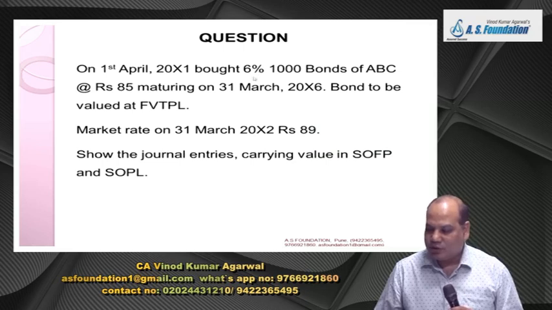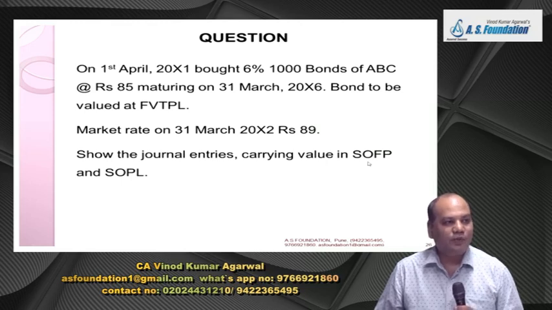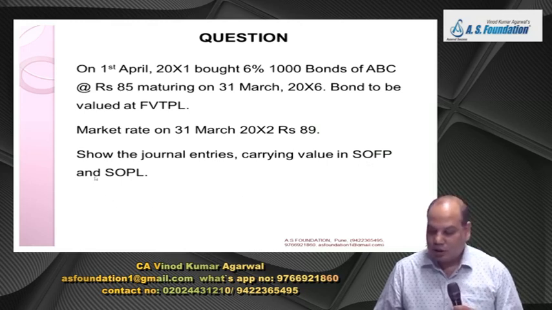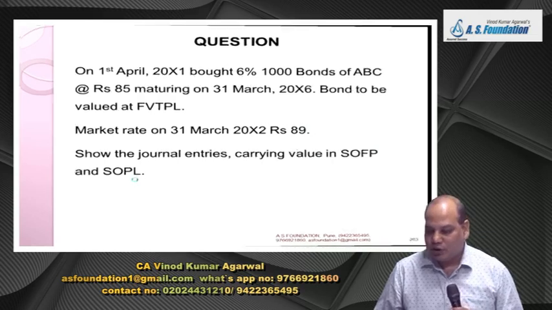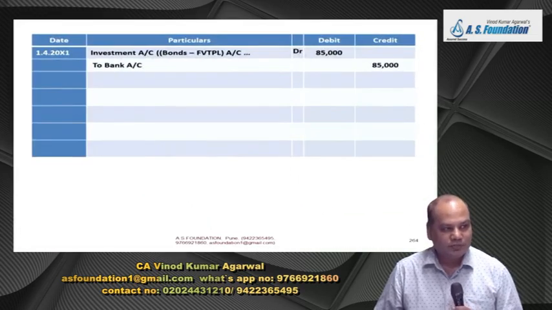And of course, in addition, you will earn some income also. That also we will account for it. Show the journal entries, carrying amount in SOFP, Statement of Financial Position, and presentation in SOPL, Statement of Profit and Loss. So you will also see how it will be presented.